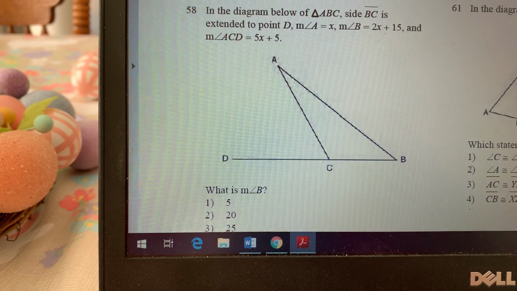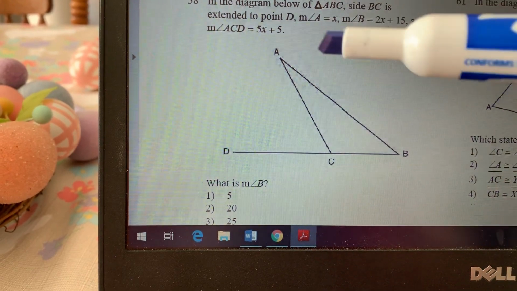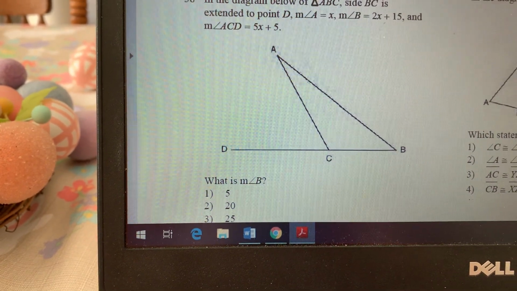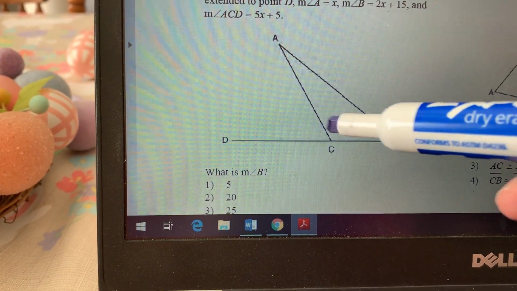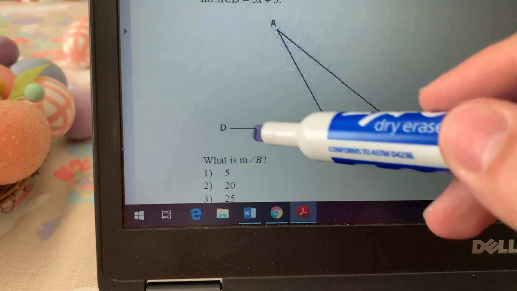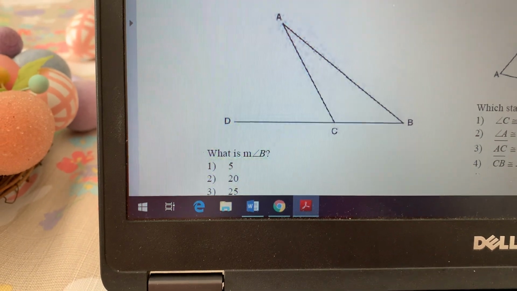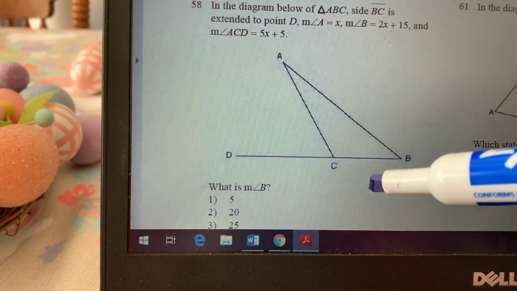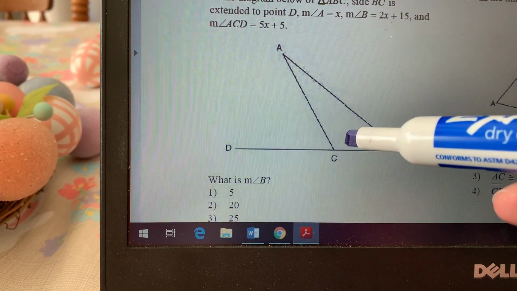This is what we call the exterior angle theorem, okay? If we think about it, angles A, B, and C all add up to 180 degrees because that's what makes the triangle, right? And then angle C on the inside and ACD, which is the outside, that's a linear pair. They form this straight line. So this angle and this angle also add up to 180, right? So this angle and this angle add up to 180, A, B, and C add up to 180.